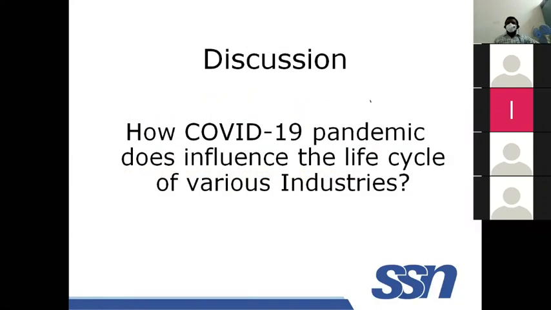Another discussion part I have introduced. How does the COVID-19 pandemic influence the life cycle of various industries? That you can discuss, or at least give a thought on it. How it influenced the industries, various segments, you can think.